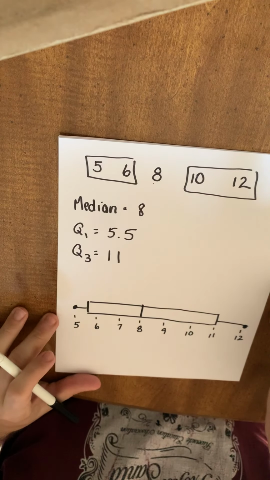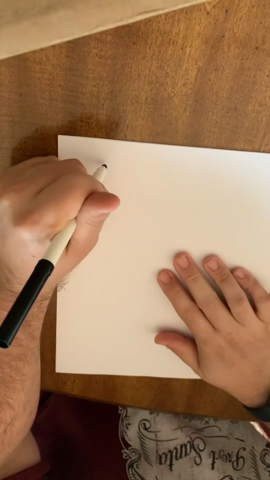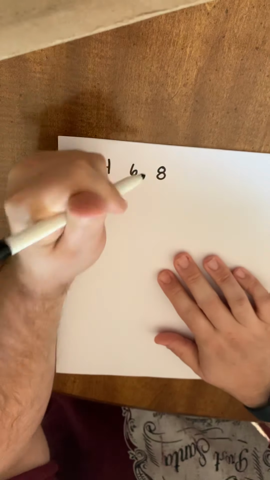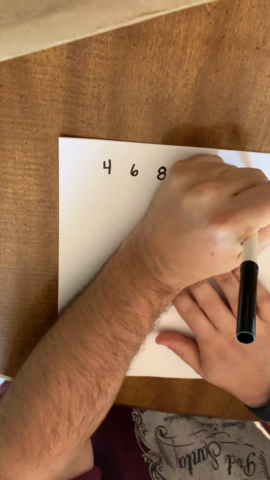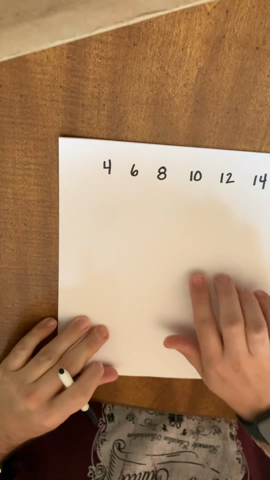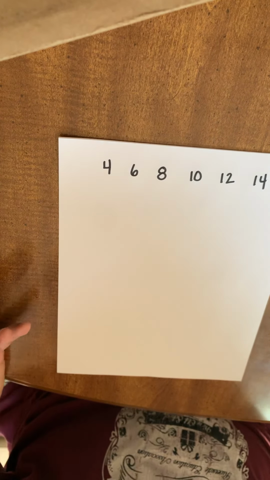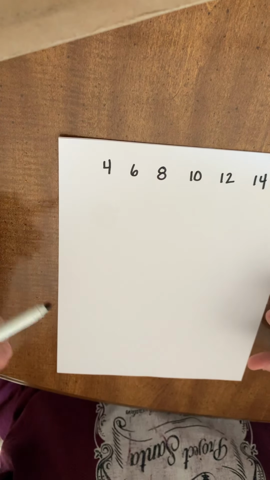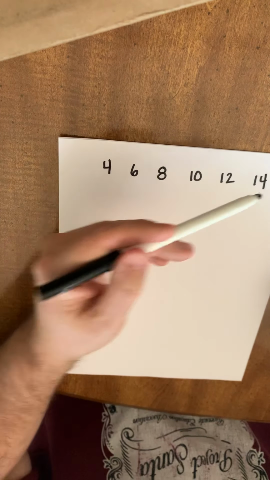Let's do that same problem, but let's add one more number. Let's say that we have 4, 6, 8, 10, 12, 14. The last one had 5 numbers. This one has 6 numbers, but we can still make a box and whisker plot. Now what we want to find is the middle number. 1, 2, 3, 4, 5, 6.